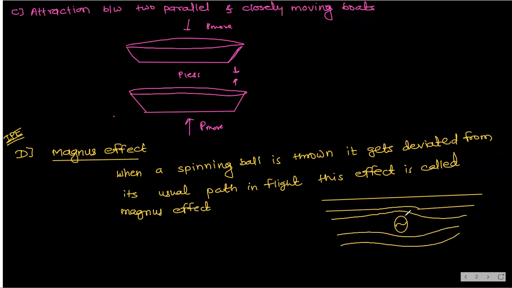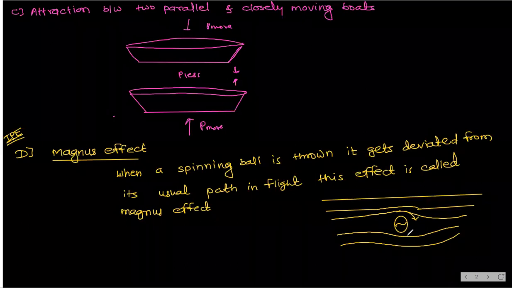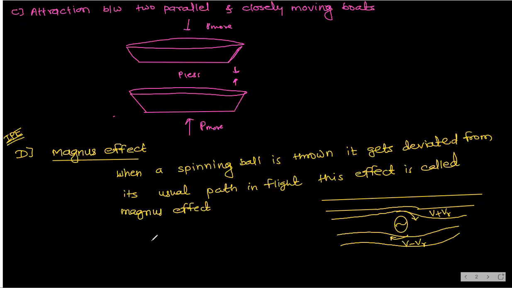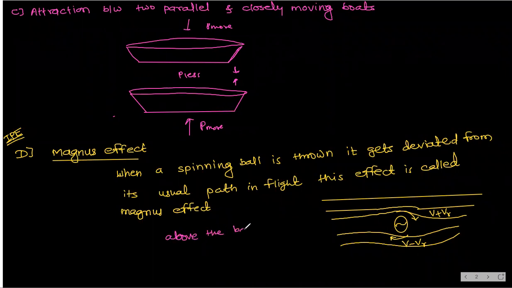Now see here, this is the velocity difference you are getting. The ball spins due to this velocity difference. When we see above, you will have more velocity. You will have v plus vr, and down you have v minus vr as the direction is reversed. So at the top of the ball, what do we get? More velocity.